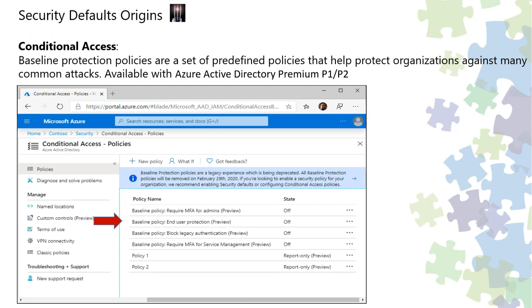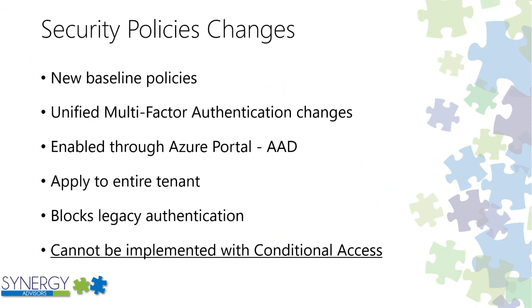If you are familiar with conditional access and you have the licensing that allows you to use it, most of the baseline conditional access policies are being labeled security defaults. Again, it's from the Azure portal, with the licensing of Azure AD Premium 1 and Premium 2. So I'm going to go ahead and go to the next slide here.